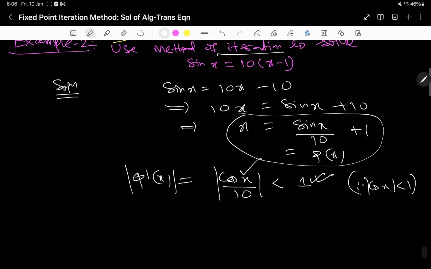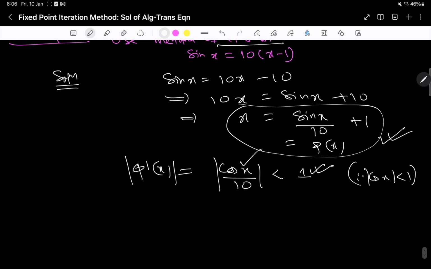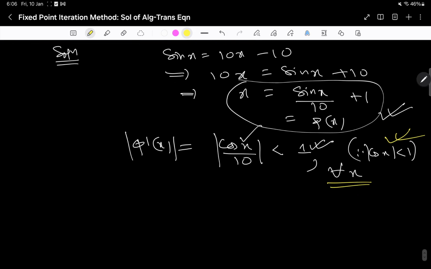So the convergence condition is ensured. It is true for all x, whatever x you take, there are no restrictions. So we have found the necessary formula.